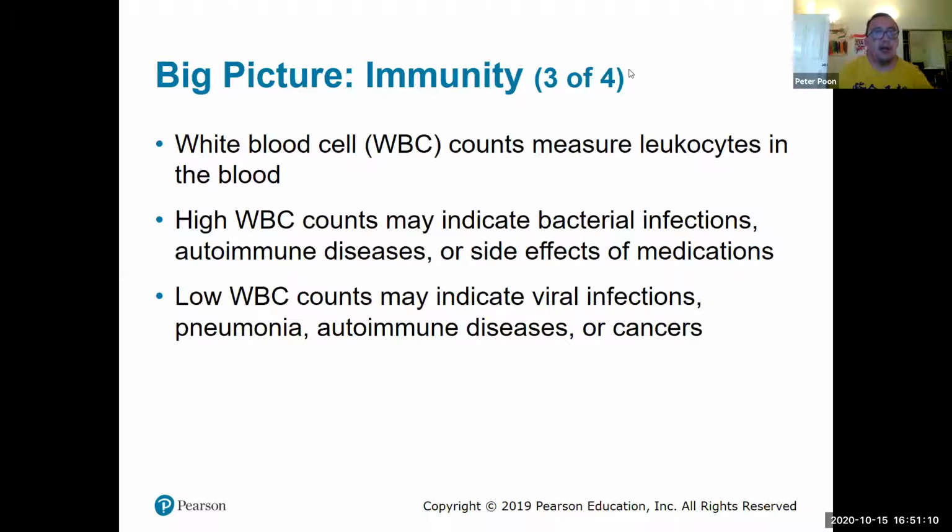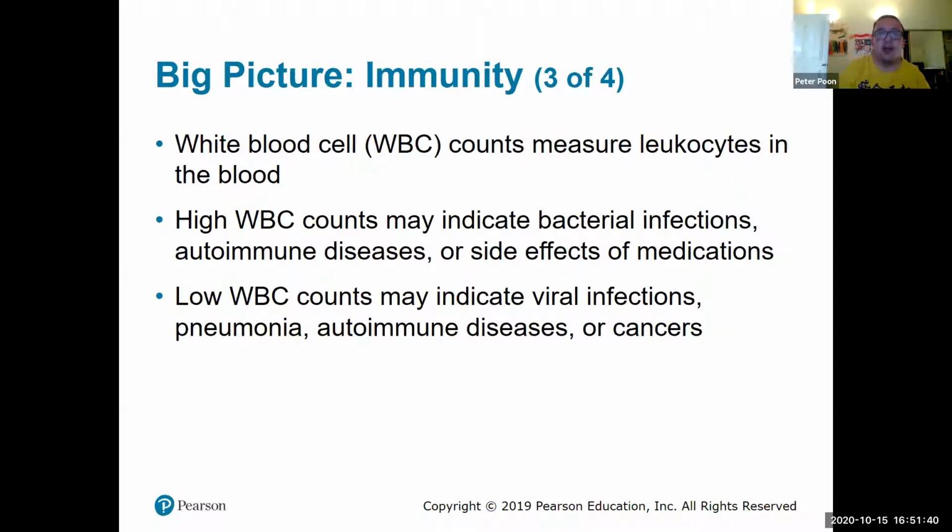White blood cell count is a measure of leukocytes. High white blood cell counts indicate either a bacterial infection, an autoimmune disease, or a side effect of medications. Also, high white blood cell counts can indicate leukemia.